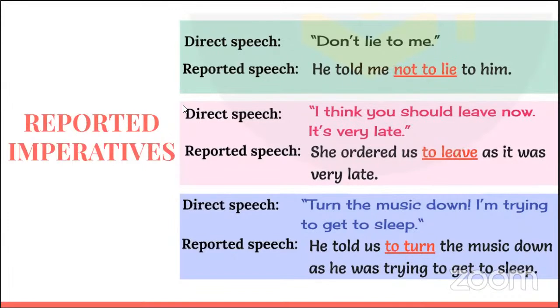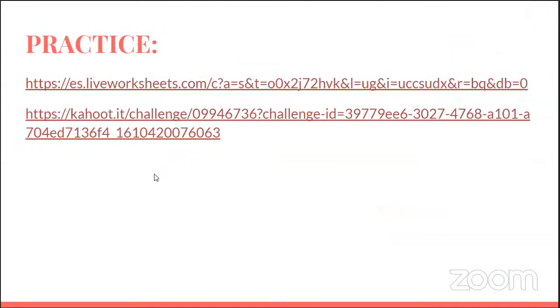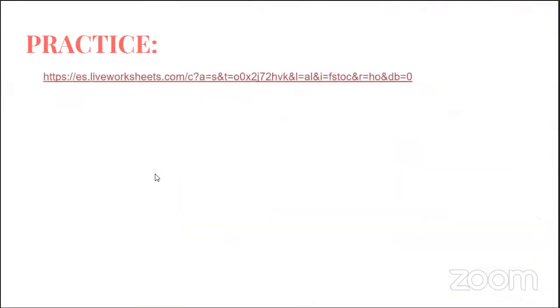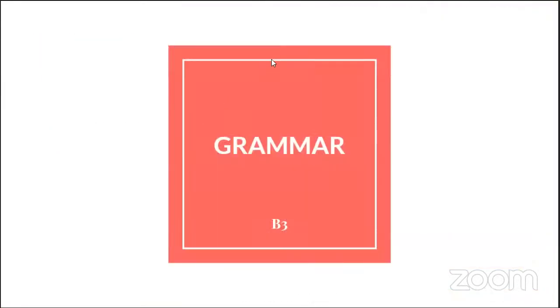Okay. As you were able to see in the practice, you guys actually had automatic response on which of your answers were correct or incorrect. And you were also able to see what was the right answer. Okay? It was just a little practice to remember these reported imperatives that you guys are also doing on the assignments.